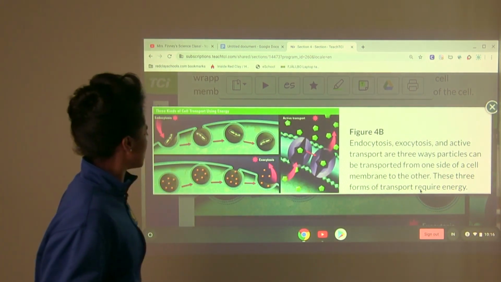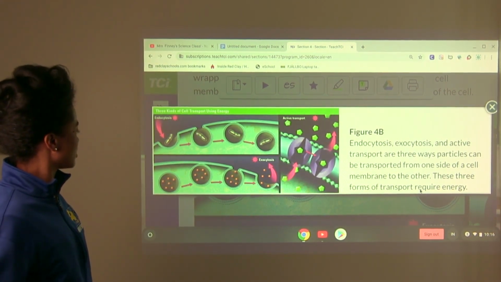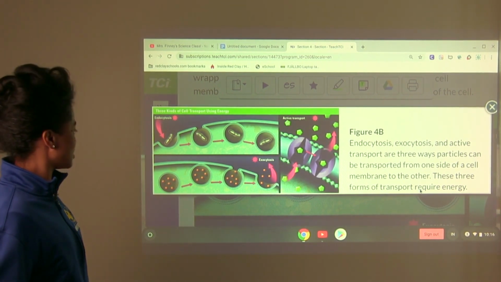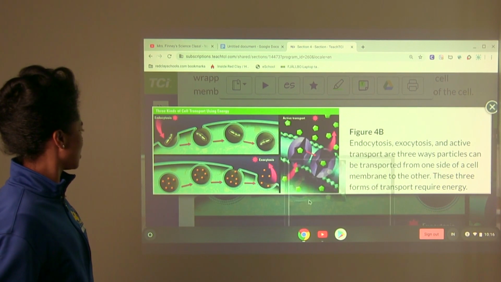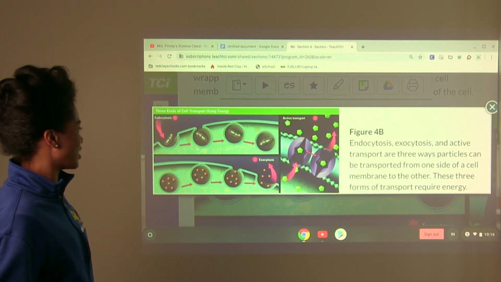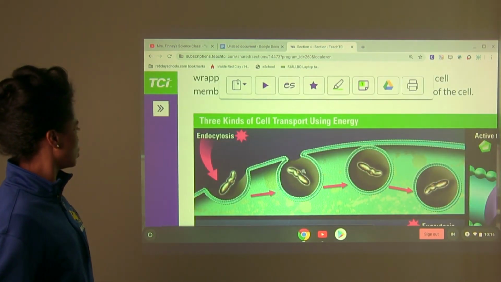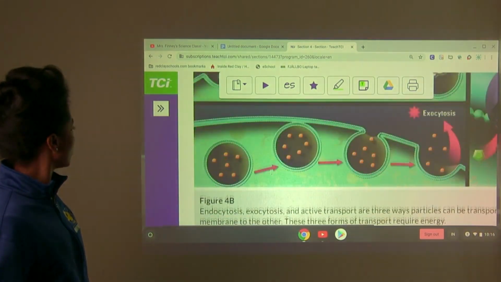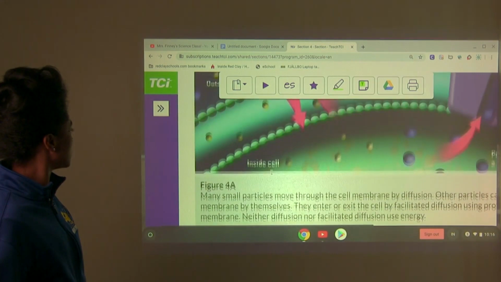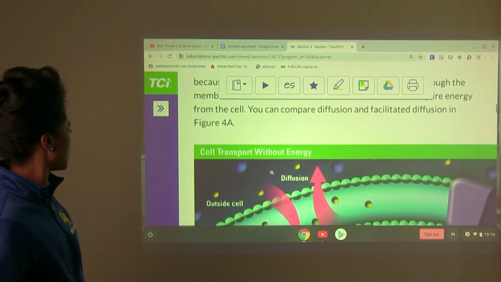And follow that arrow as well. See the difference? Pay very close attention. All right. So that's a visual for those three. And we want to go back and do a quick review before we do our check for understanding so we can get our visuals down pat.